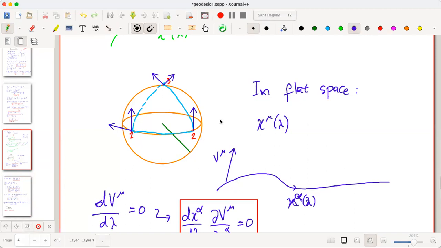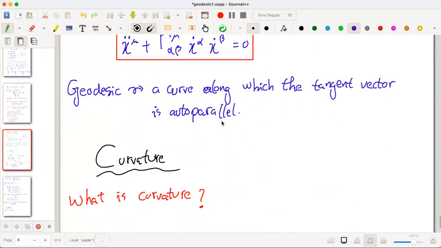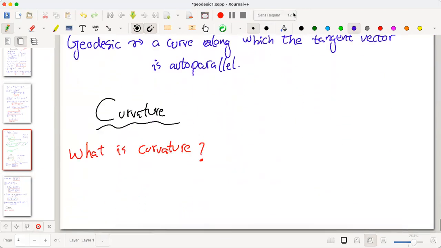This doesn't happen if you are in flat space.